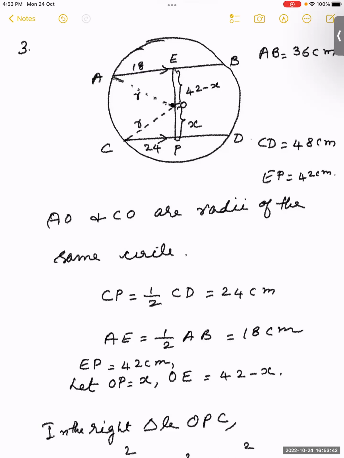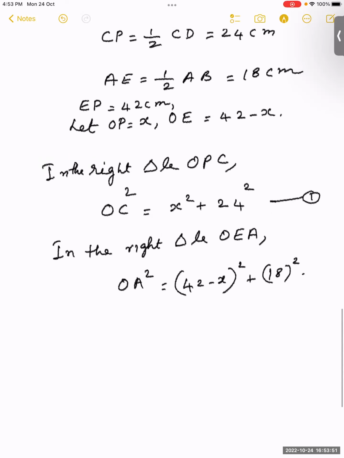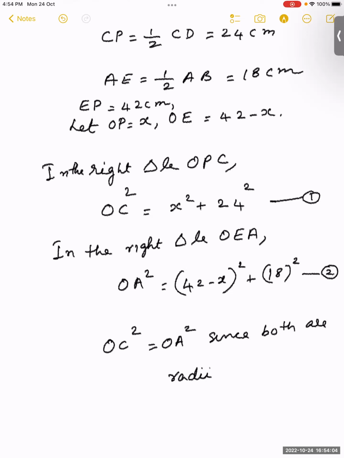Understood? Yes, ma'am. Now, this is equation 1. This is equation 2. Can I say OC equal to OA since both are radii of the same circle? Yes or no?